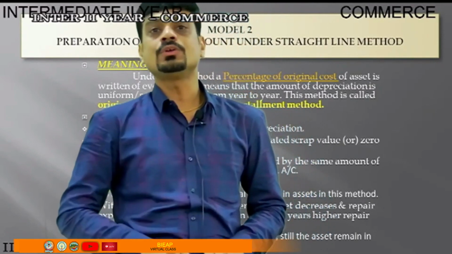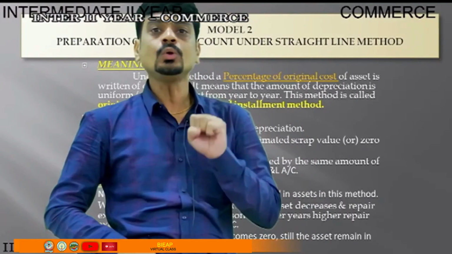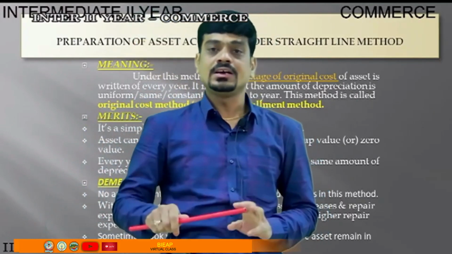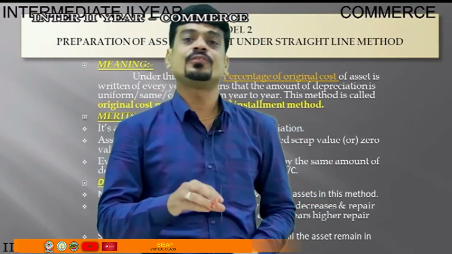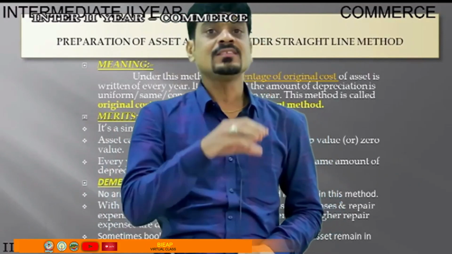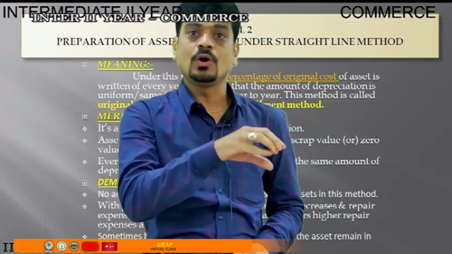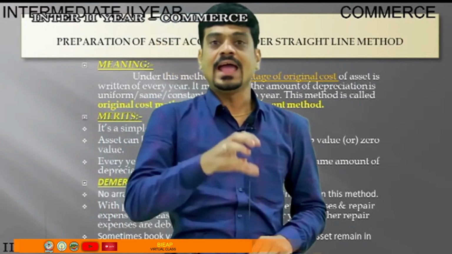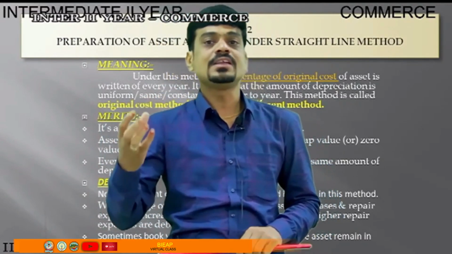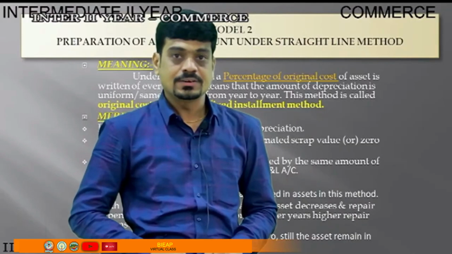So today we are going to focus on how to prepare the asset account under these two methods of depreciation. One is when we follow the straight line method, and the other model is where we follow the diminishing balance method.